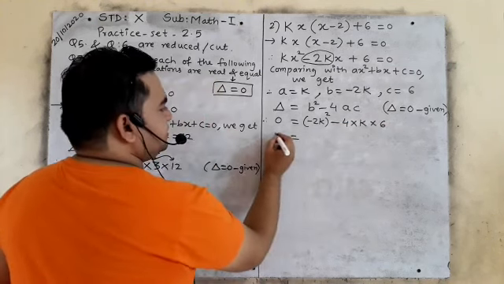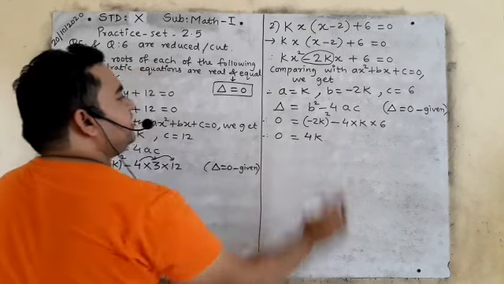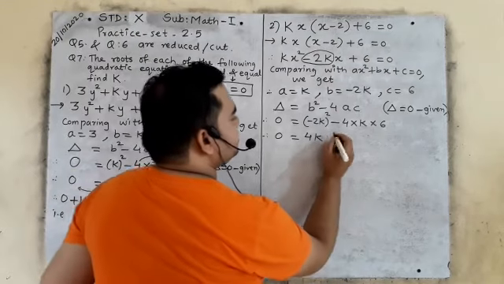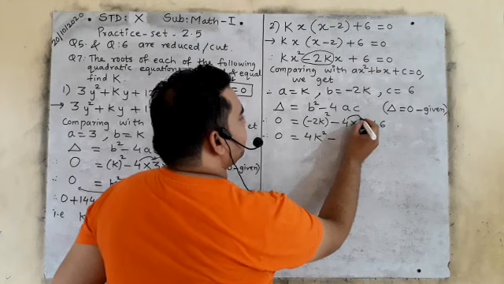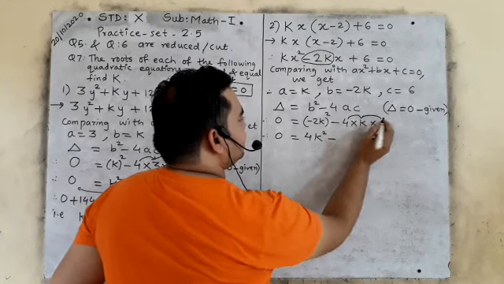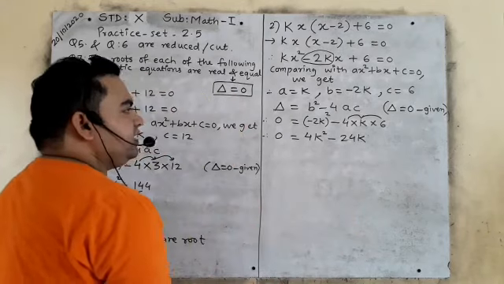So simple. Now minus 2 square is always 4, because the square of any negative number is positive. That is 4k square minus 4 times 6k; 4 sixes are 24, so 24k.